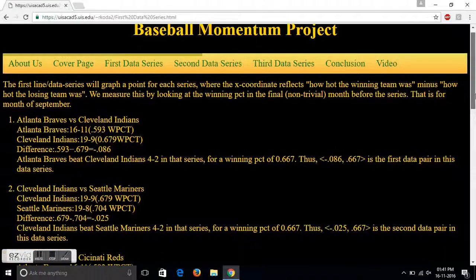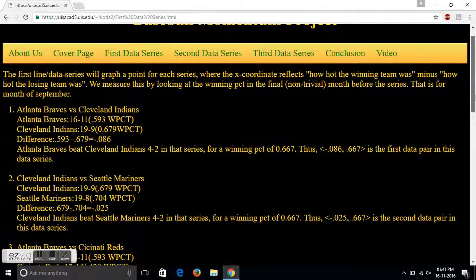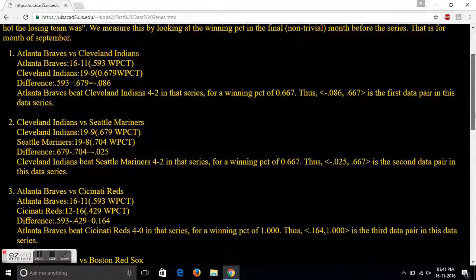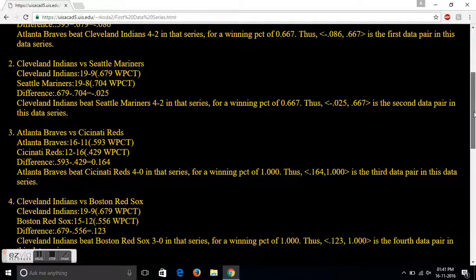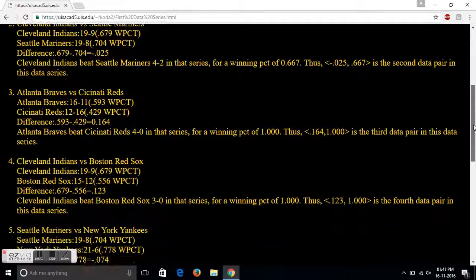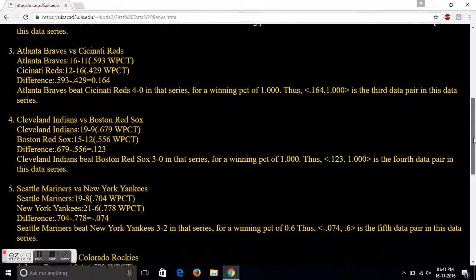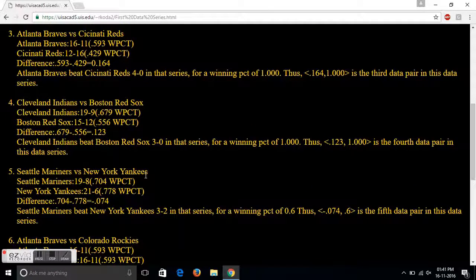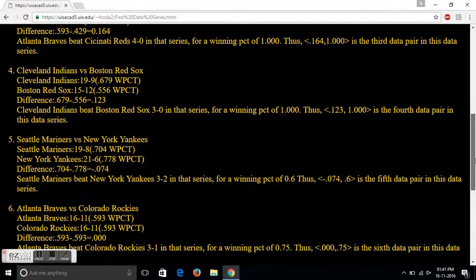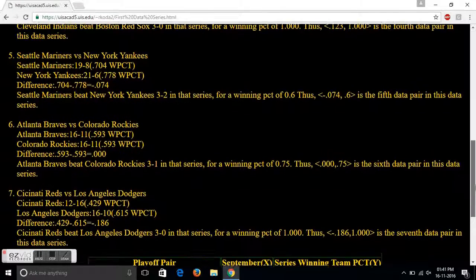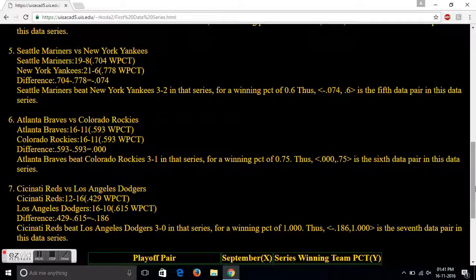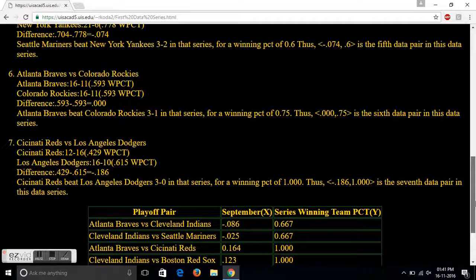Similarly, we are going to calculate for all the playoff series in that year, which is between Cleveland Indians and Seattle Mariners, and between Atlanta Braves and Cincinnati Reds, and Cleveland Indians and Boston Red Sox, and a playoff match played between Seattle Mariners and New York Yankees, and another match played between Atlanta Braves and Colorado Rockies, and also between Cincinnati Reds and Los Angeles Dodgers.